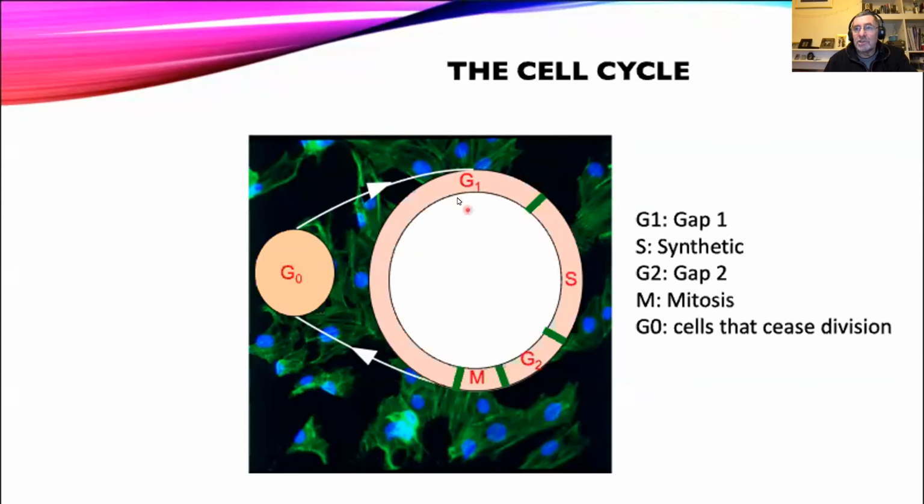When a cell makes the decision to divide, what it has to do, of course, is replicate its DNA. To be able to divide into two daughter cells, we need to double our genome. And that's what the cell does during S phase, the synthetic phase of the cell cycle. It's making DNA, and it continues to make DNA until the genome's doubled, and then the cell enters G2, has a little bit of a rest, and then moves through to mitosis.